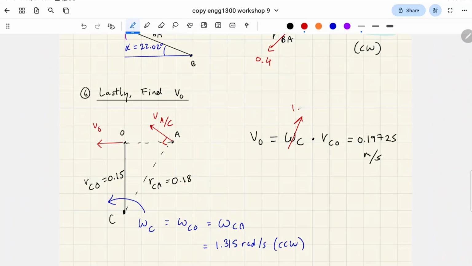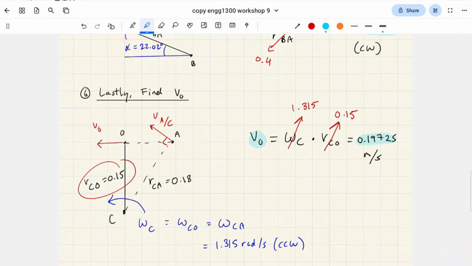So just plug that in, and relative to a lever arm, that gives us the velocity of O. Okay. Do we have questions in person?